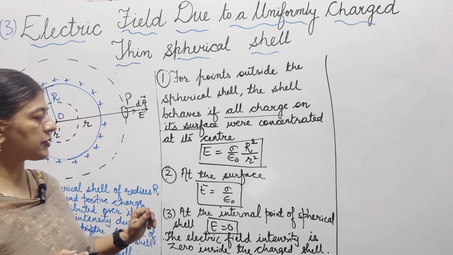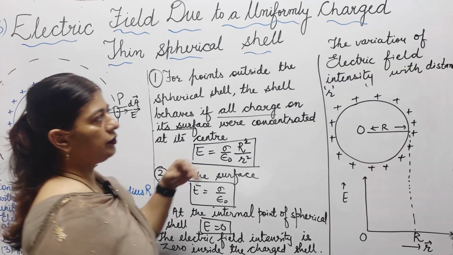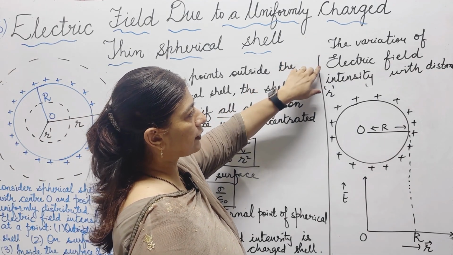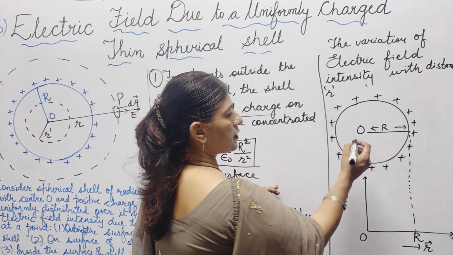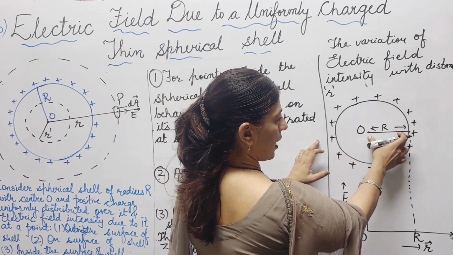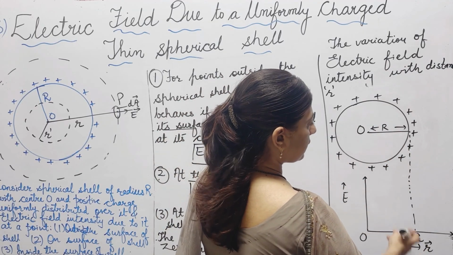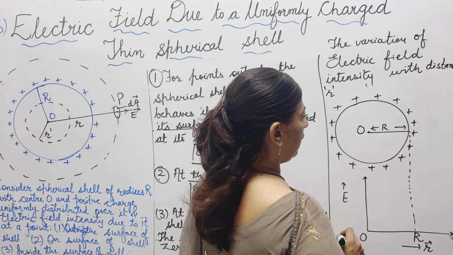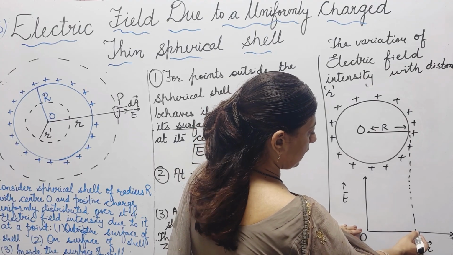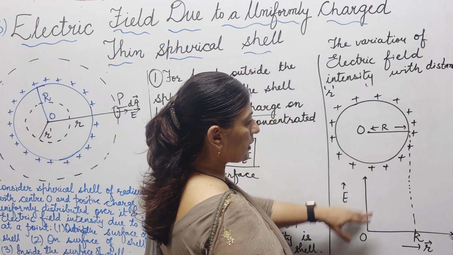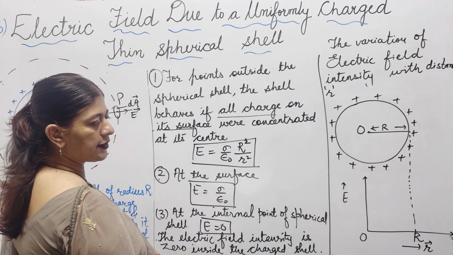Now we are going to see how the electric field varies with the distance r from the center, according to this formula. So this is the center of the spherical shell with radius R, and along the y-axis we have taken the electric field, and along the x-axis the distance from this point O. Now 0 to R is the region lying inside the spherical shell, and inside the spherical shell the electric field intensity is 0.